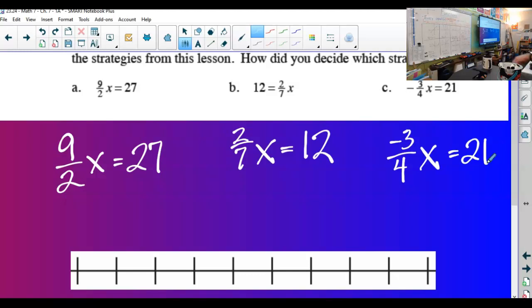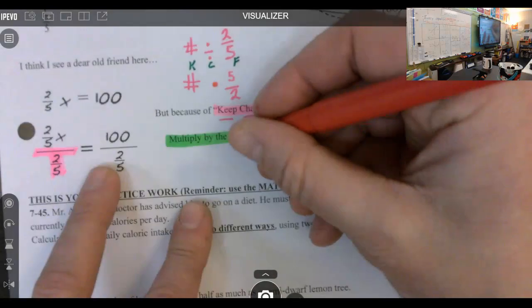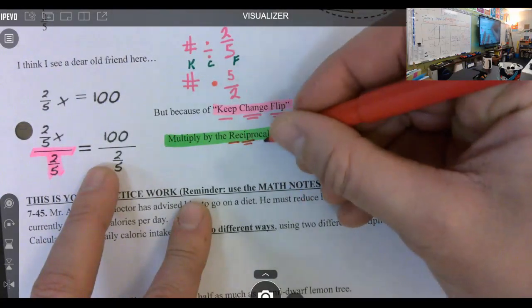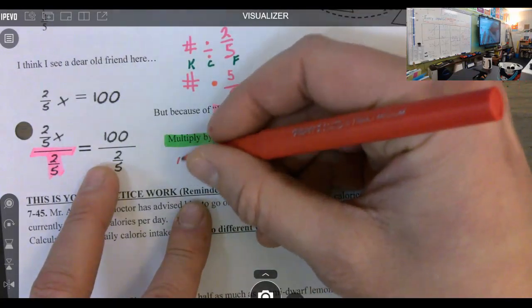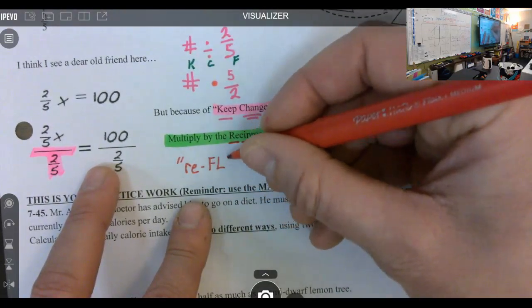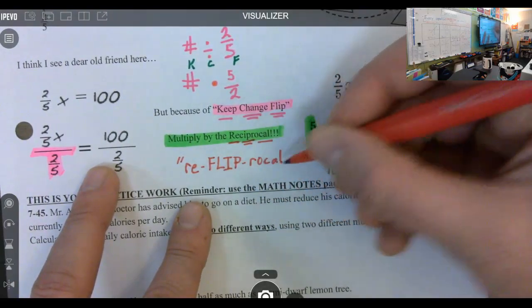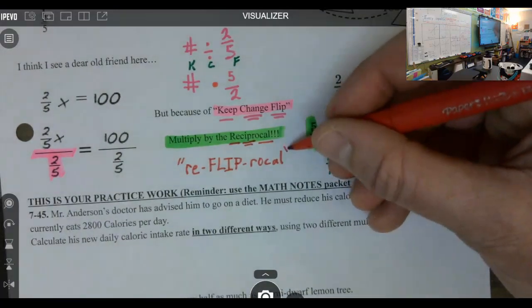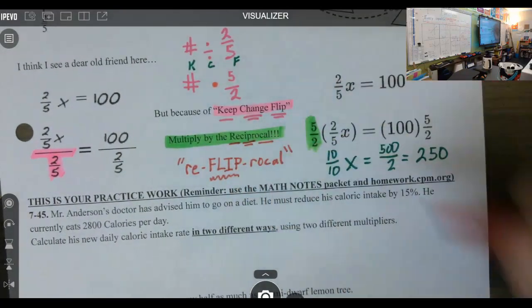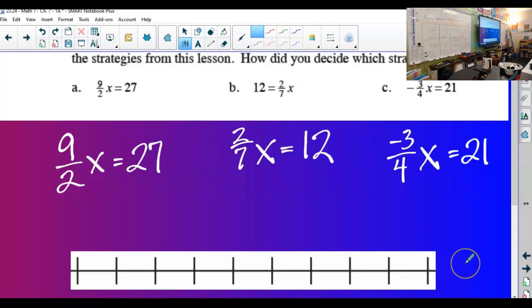Where we have written reciprocal, you could write refliprocal. So I'm going to do that. Refliprocal.